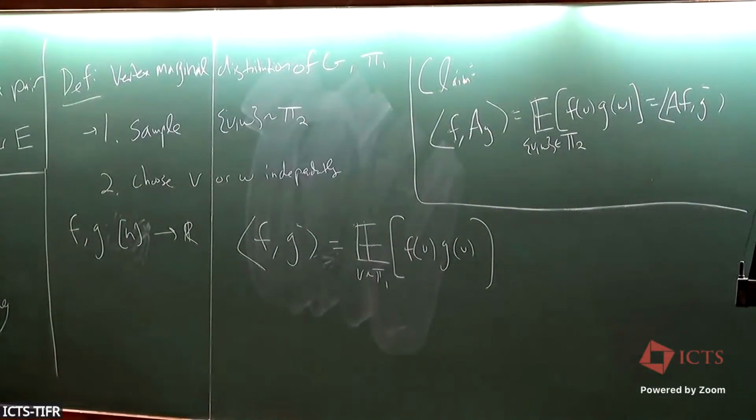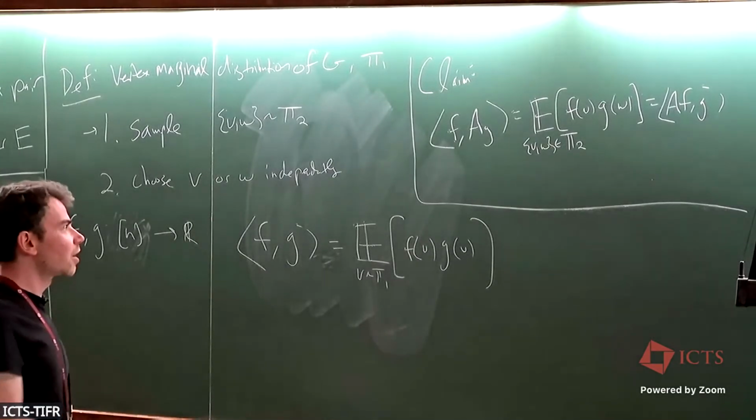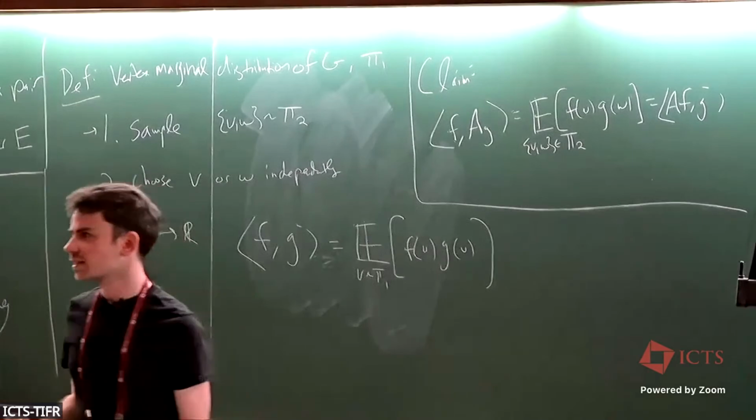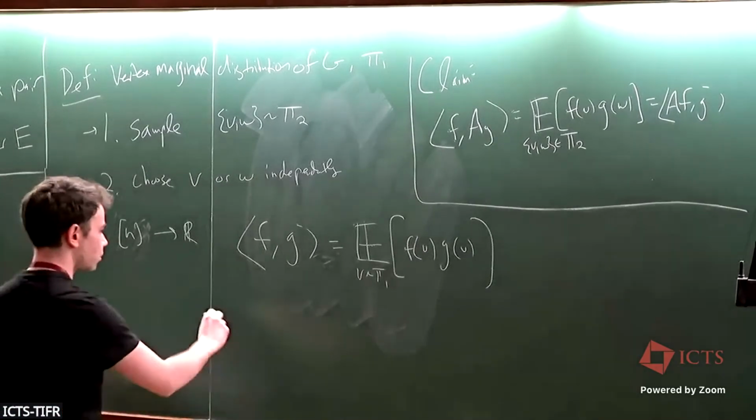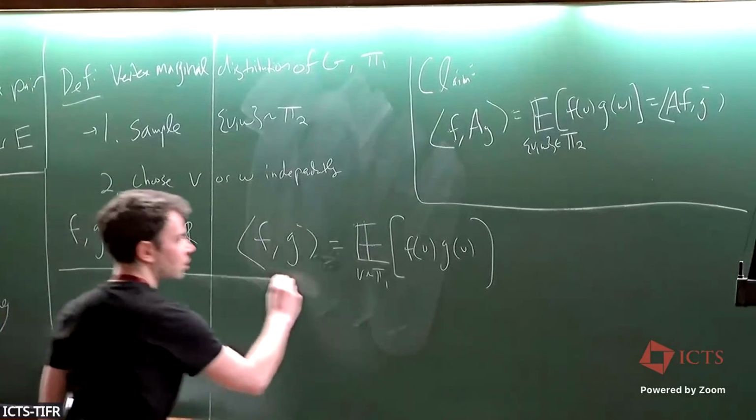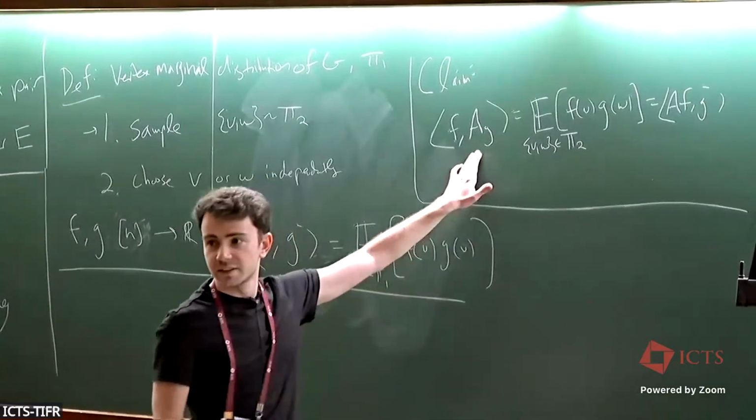I actually want to take a moment to argue, maybe not formally, but at least morally why this is true, because this sort of argument is going to come up again and again when we move to higher dimensions. It's not complicated. Let's recall, what is the action of A on g?